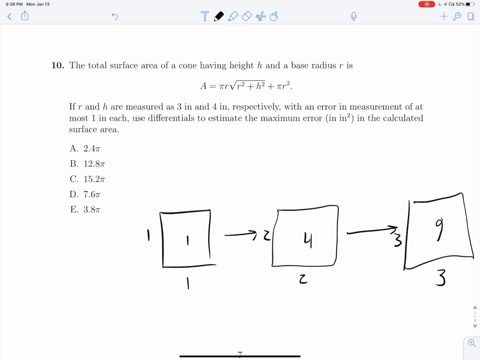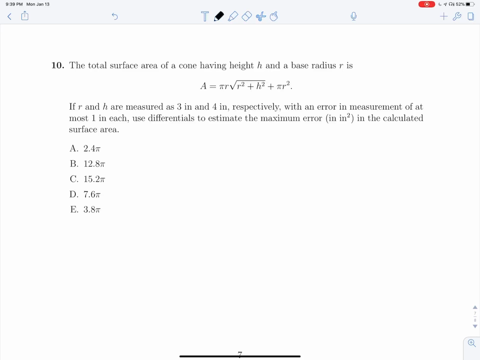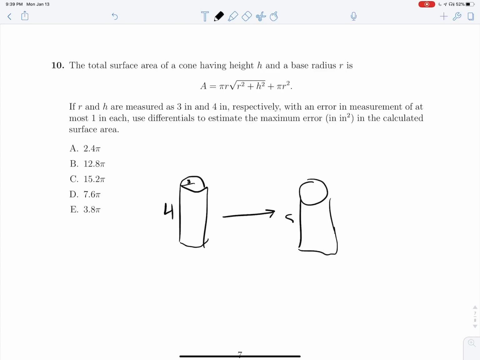And all that really means for us is that if we measure our cone to be of radius, what did they say? 3 and height 4, we're going to get a larger error if our cone was actually of height 5 and radius 4.